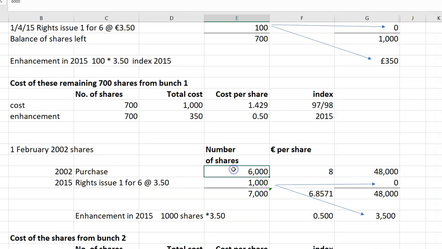We started off with 6,000 shares, and the total cost was 48,000. That total cost is still going to be 48,000 after the rights issue in 2015. Now the cost per share is going to reduce, and for the enhancement, it was 1 for 6, so we got an extra 1,000 shares, and we paid 350 each, which was 3,500.